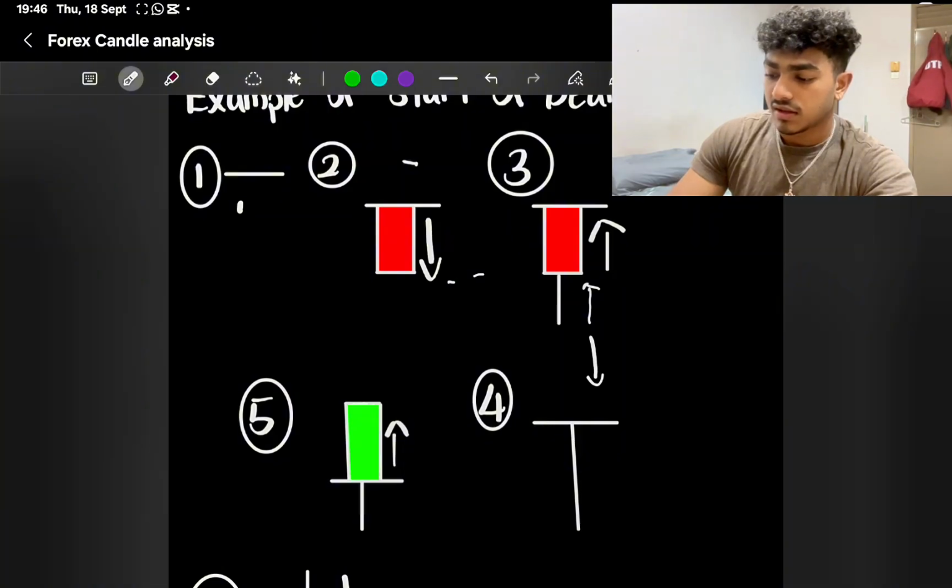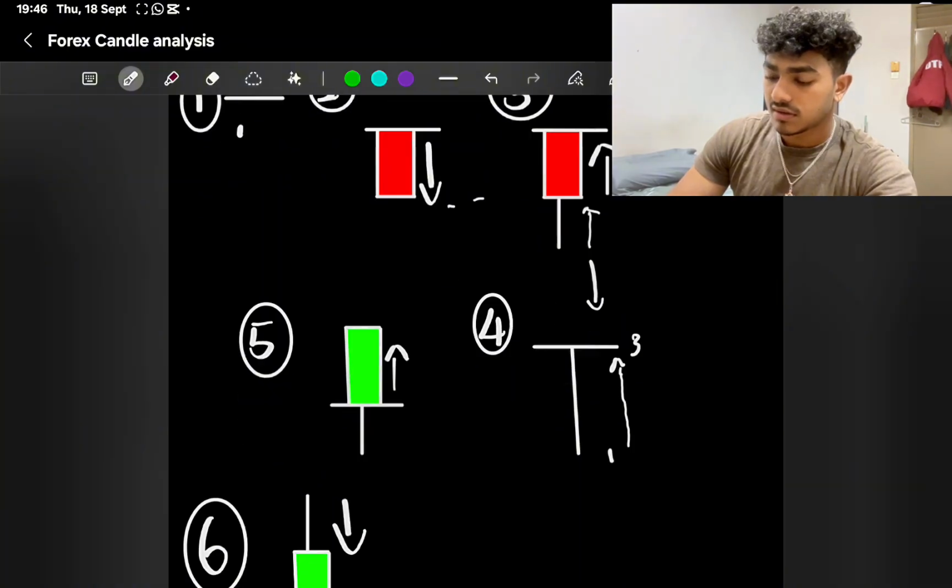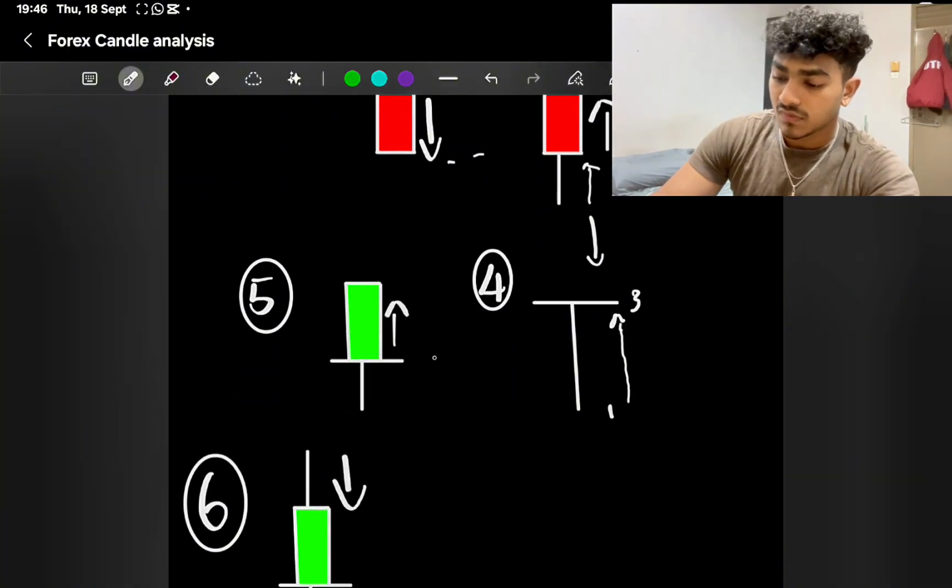And then slowly at number 4 here, it goes all the way up to the starting point of the candle, which let's say is 3 ringgit. So it went down to 1, more accurately. It went all the way back up to 3, and then it goes up even more.